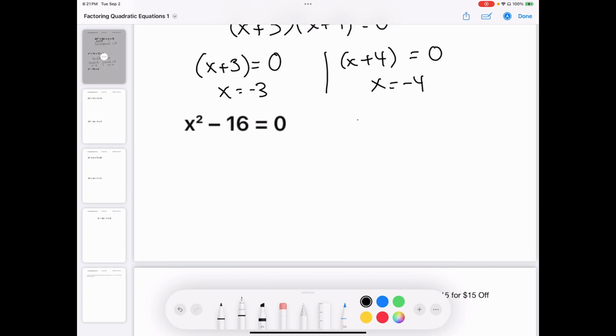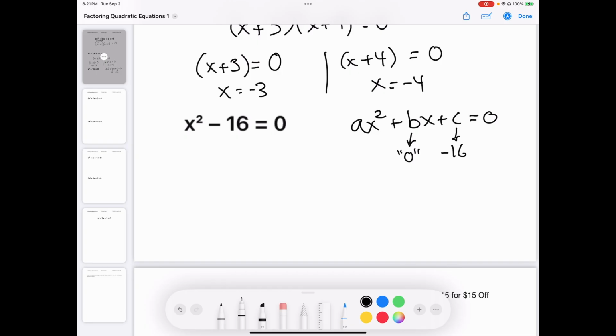Now we have x squared minus 16 equals 0. If you remember the structure of the quadratic equation, ax squared plus bx plus c equals 0, in this case we don't have an x term, so our b is 0. Our c is equal to -16. This is actually a special case called a difference of squares.